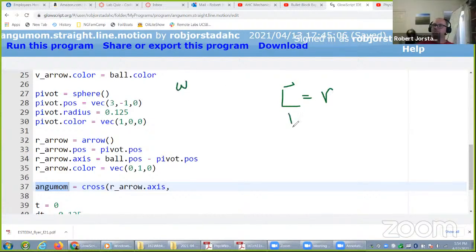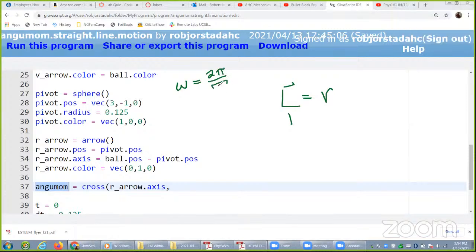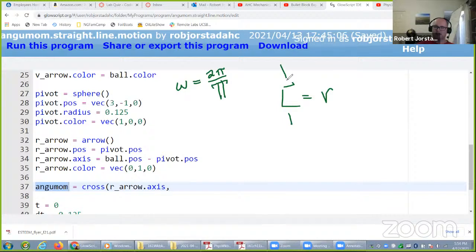I want angular momentum. You were thinking omega is 2 pi over the period, which is correct. But that is not what I was asking about. What is this thing? L. Cross R. what? P. Yes, P.